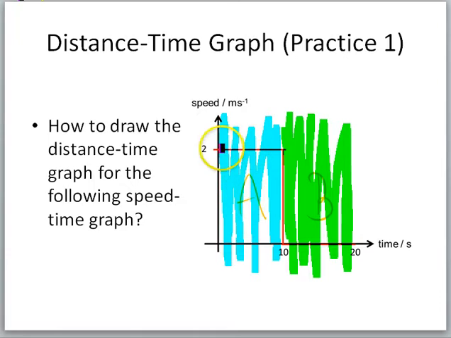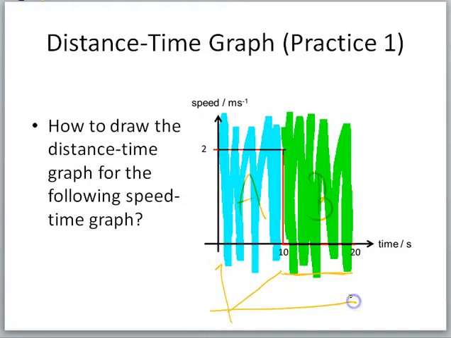In region A, the speed is constant at 2 meters per second. So I expect my graph to have this kind of shape. It should increase at the start. After that, when it reaches 10 seconds, the speed is 0, so my distance must remain constant. So I expect such a graph.